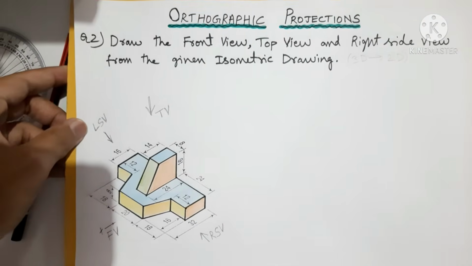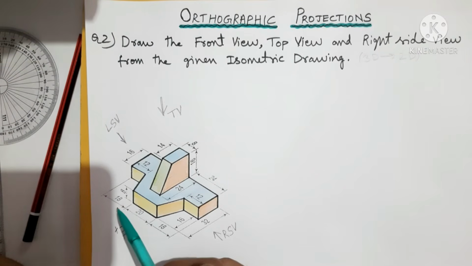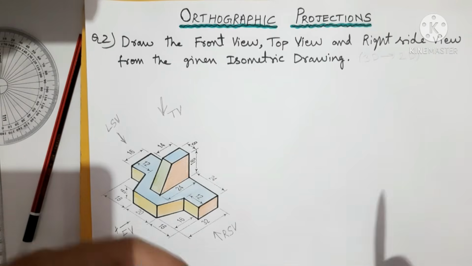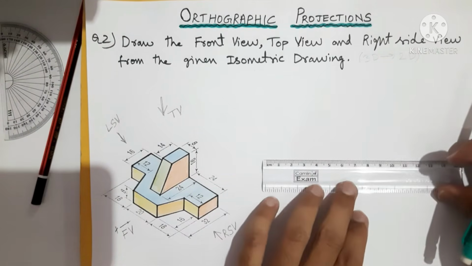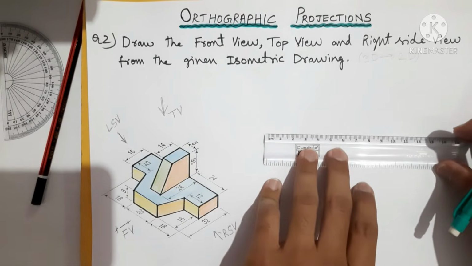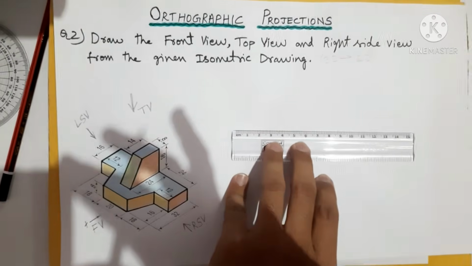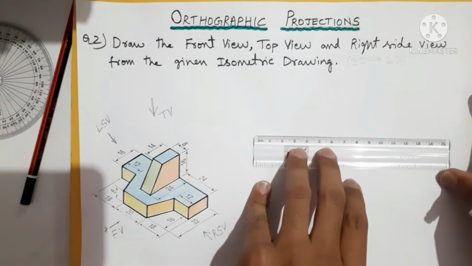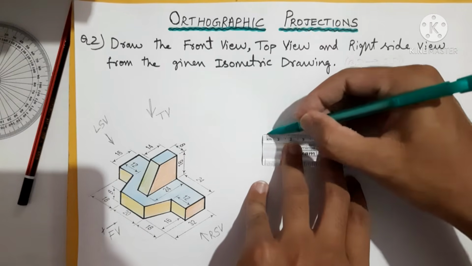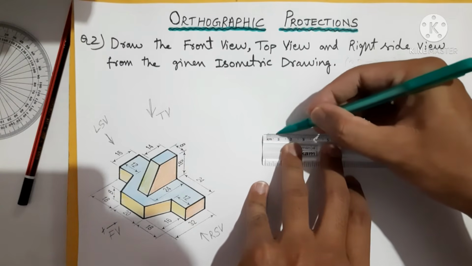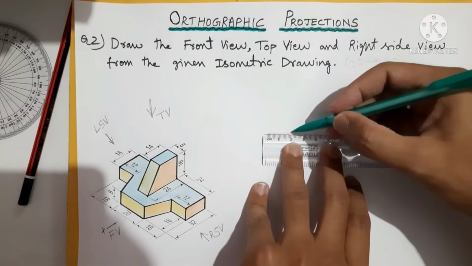Here you have to see what overall dimensions they are asking. See here, this is 18, 20 and 18. So we will have lines such as, from here I will start my diagram. This is 18, right, and then 20.